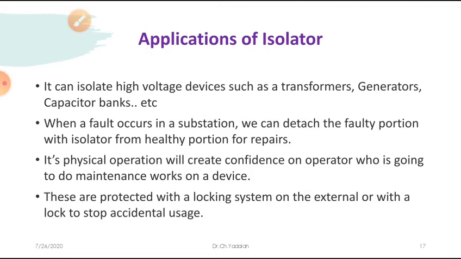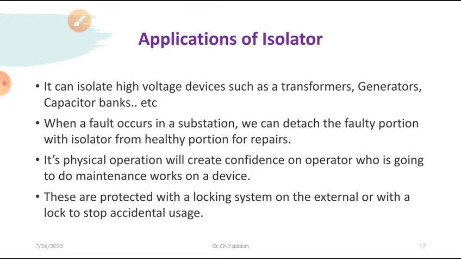Next, they are protected with an external locking system, with a lock to stop accidental usage. So what does this mean? Here I am using this isolator with an interlocking switch with an earth switch. So whatever charges are in the line due to induction are diverted to earth only after the isolator is opened, once the circuit breaker is opened.